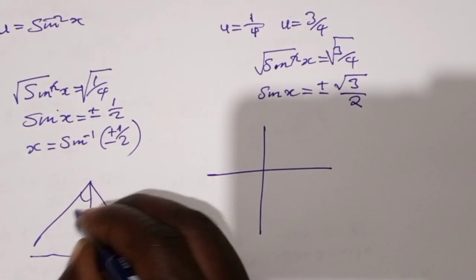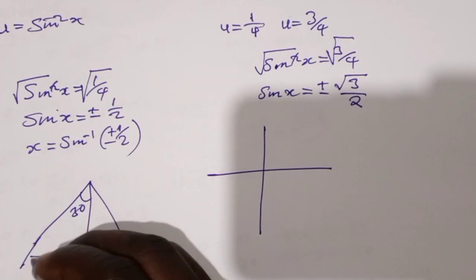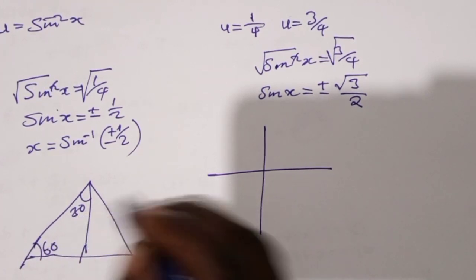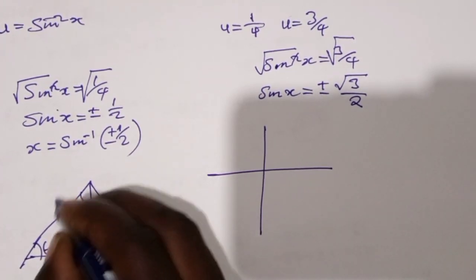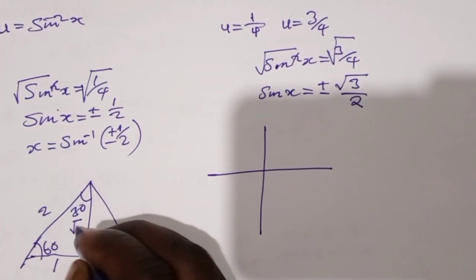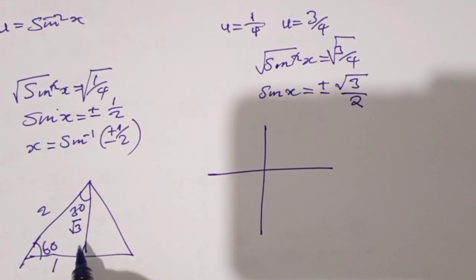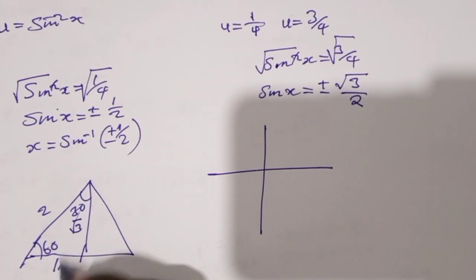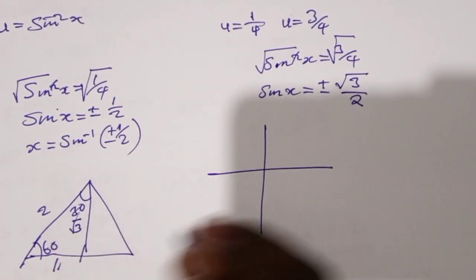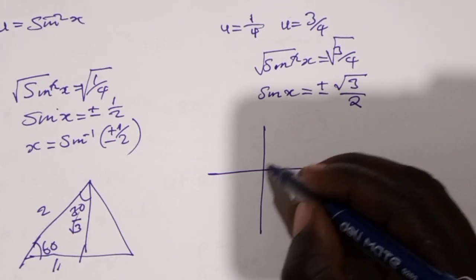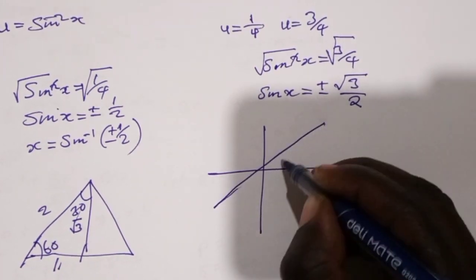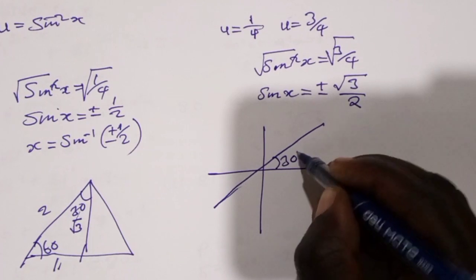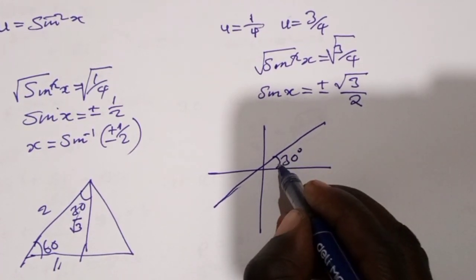Here, if you have 30 and 60, here you have 1, here you have 2, here you have root 3. And remember that sine of 30 is a half, which is opposite over hypotenuse. So we get the angle of 30 degrees.